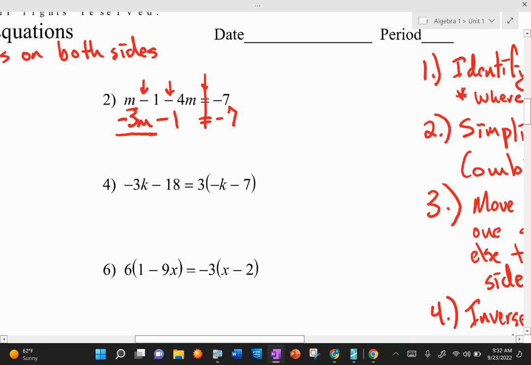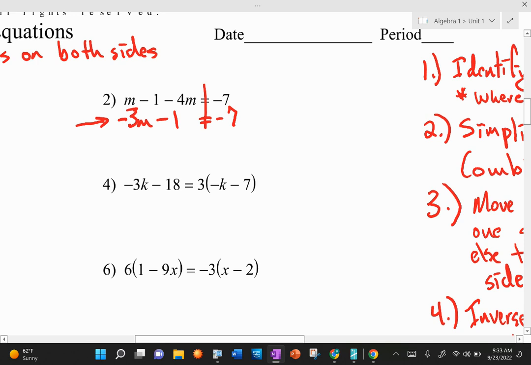That's how terms are separated. So if I'm looking at the problem that we have now, how many different terms do we have? We have 1, 2, 3 right there.